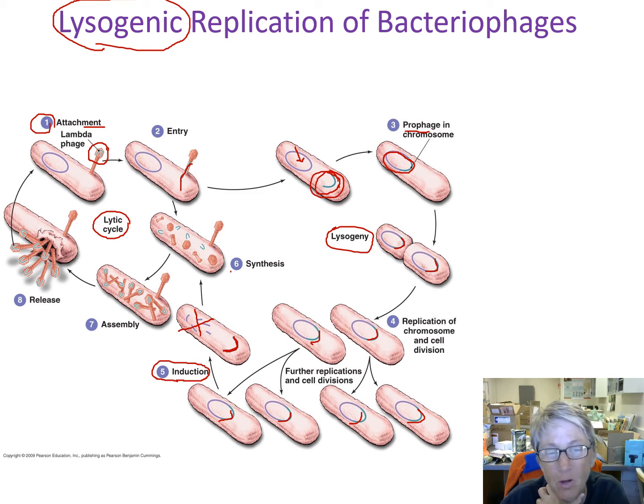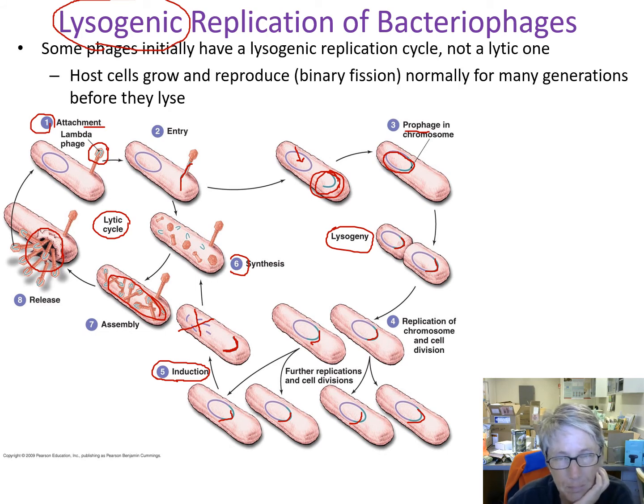So then it goes here to synthesis, and then the parts assemble, and then you get the lytic release of the phages in the end. So some phages, or bacterial viruses, initially do lysogenic replication.